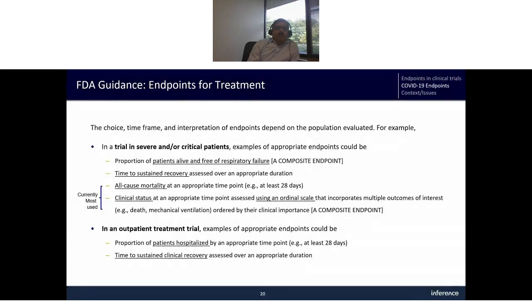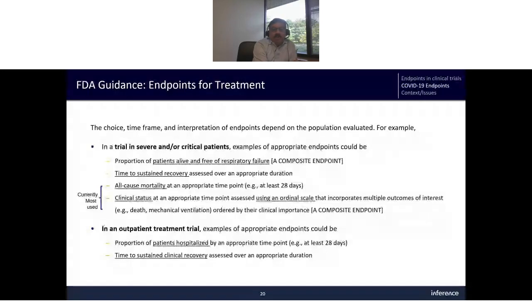And right now, actually, the all-cause mortality and the ordinal scale, these are the two that are mostly used, as we see in the literature right now. And as mentioned, the all-cause mortality is also part of the ordinal scale. Mortality is part of that always.